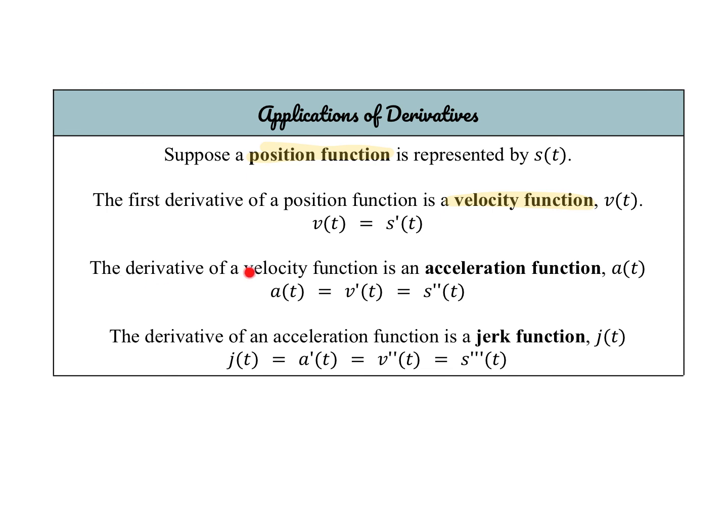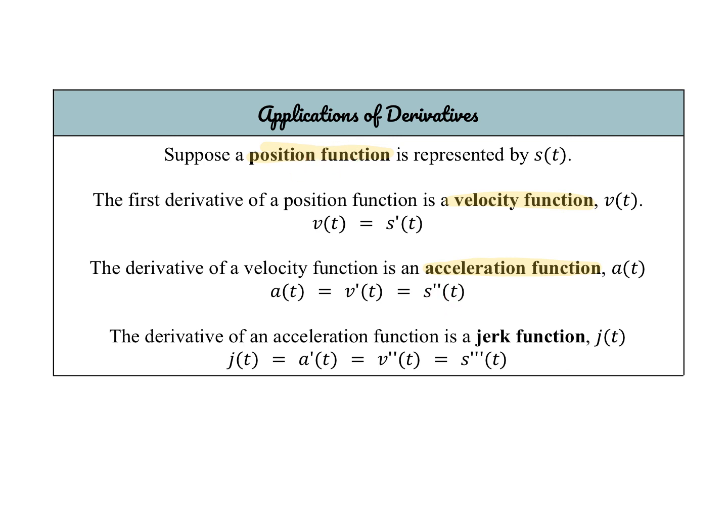Now, the derivative of a velocity function, so if we take the derivative of the first derivative, we actually end up with the acceleration function, which we can represent with a of t. So notice that a of t is v prime of t. It's, again, the derivative of our velocity function, which is actually the second derivative of our position function.